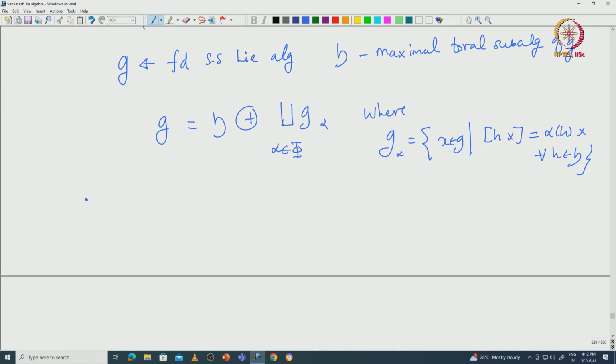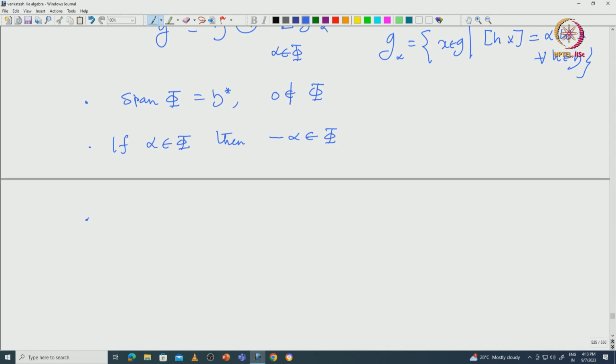For example, we proved that the span of phi is exactly equal to H star and 0 is not in phi. If alpha is in phi, then minus alpha is also in phi. And if alpha is in phi and c alpha is also in phi for some non-zero c, then c must be plus or minus 1.